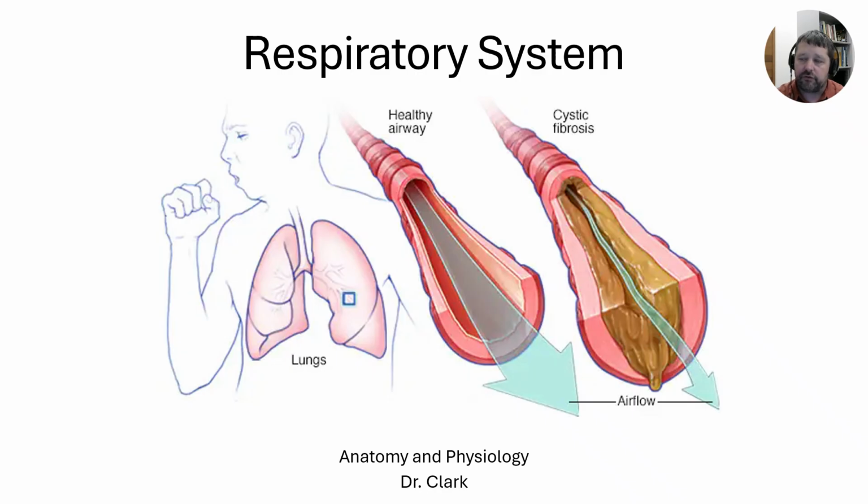Before we dive into it, I just want to talk briefly about a disorder, a recessive genetic disease called cystic fibrosis. It can have multiple effects, but one of the main effects is in the lungs.